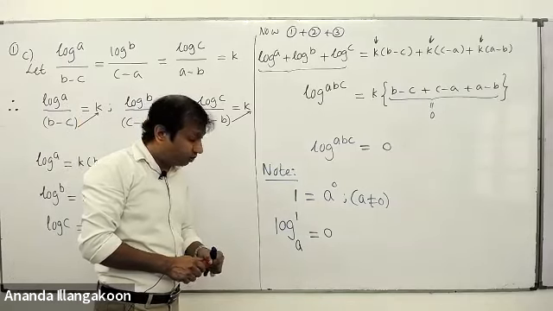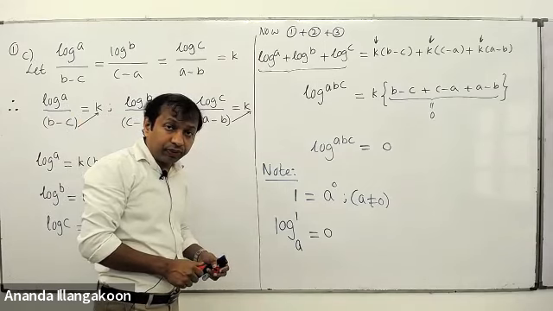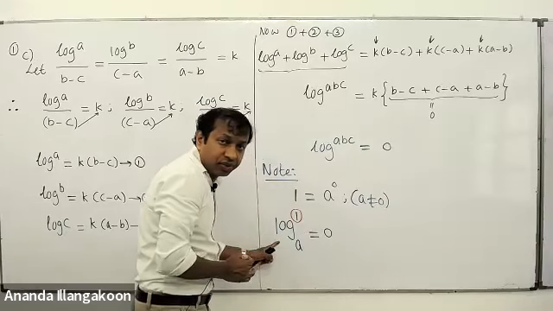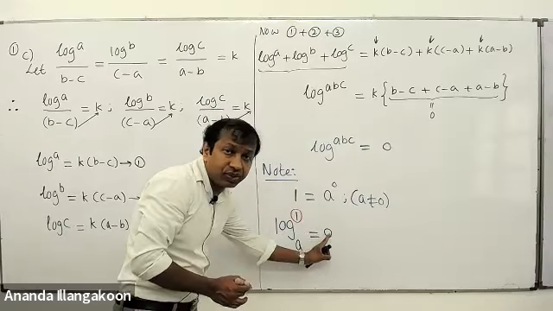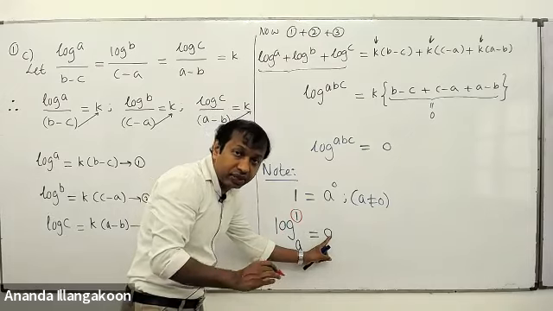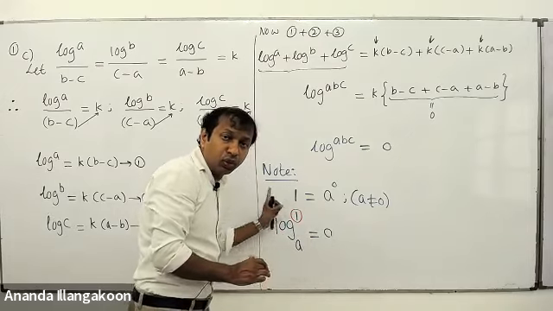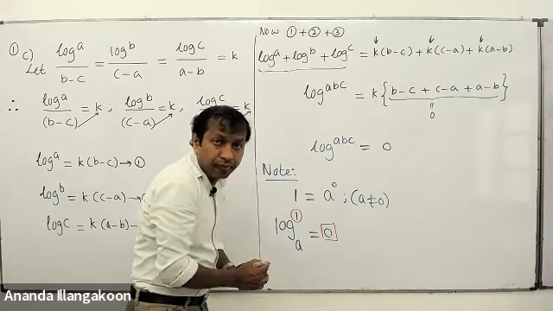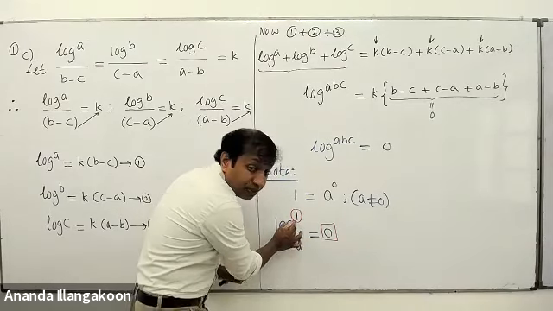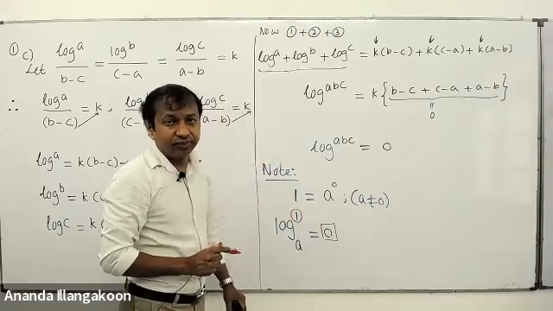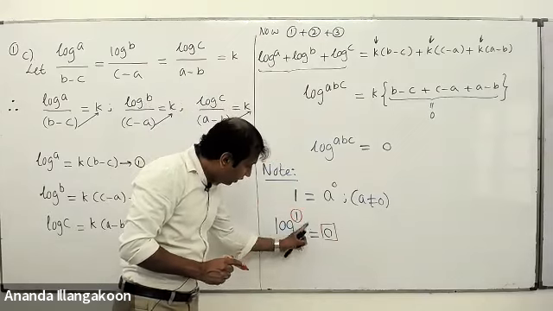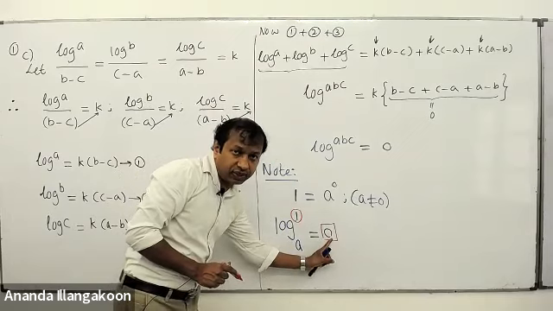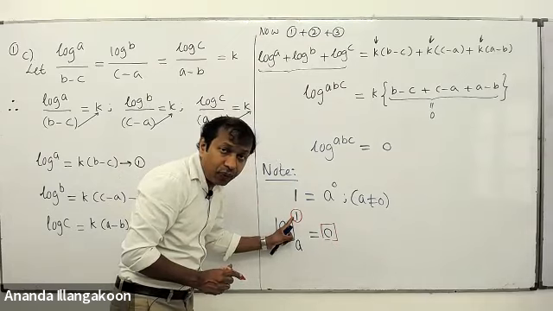The result, we can understand this way. If the number here we have is 1, its log value is 0. In other words, if a certain log value has the answer 0, then definitely the number here must be 1. Understood?